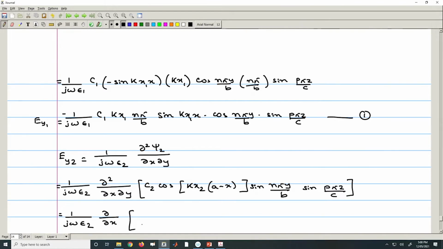We are differentiating with respect to y, so the first part will remain the same: C2 cos of kx2 (a minus x), and then sin n pi y by b becomes cos of n pi y upon b multiplied by n pi by b, and then again sin p pi z upon c.